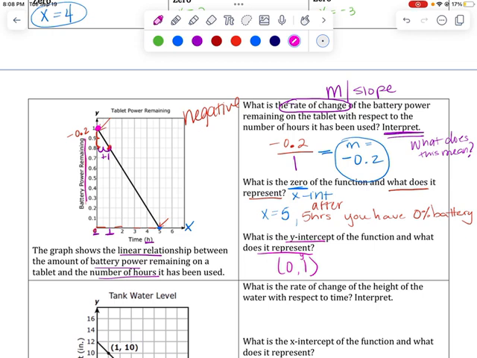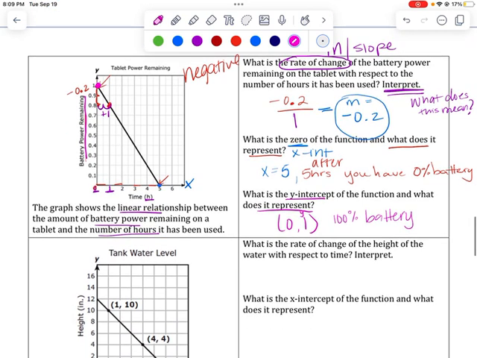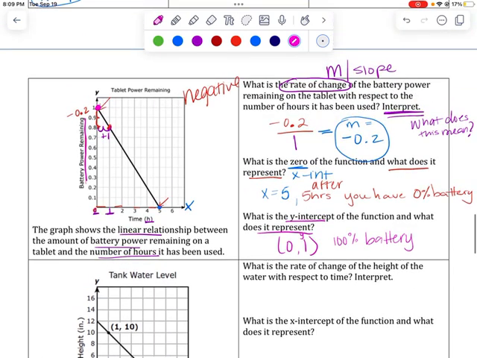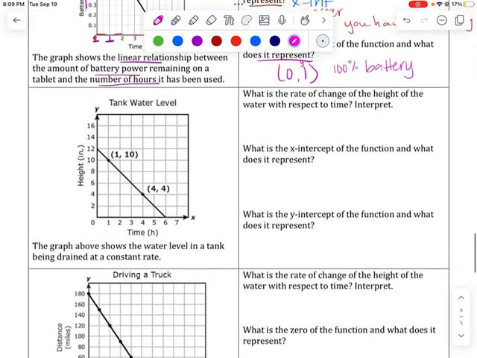What does that mean for battery? Okay, it means that I have 100% battery or power, or 1 full battery. That one's a little tricky just because of the decimals, because of the 1 to a 0 for the battery power, but we got through it.